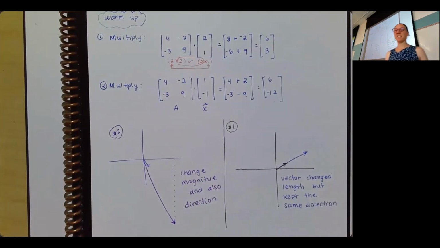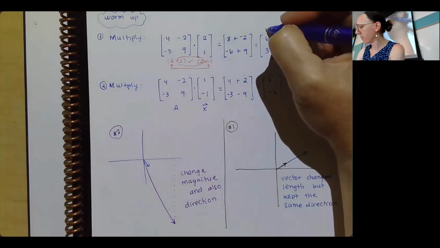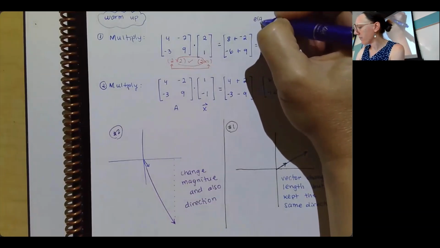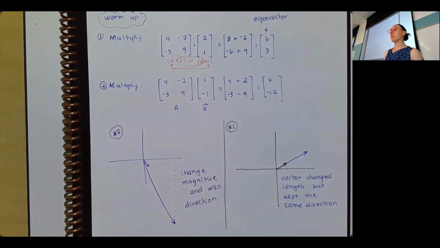And when that happens, we call this special vector an eigenvector. If anyone studied German in high school, that eigen root word means only or one. And so it's the one special vector.